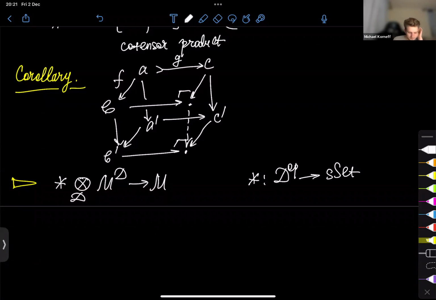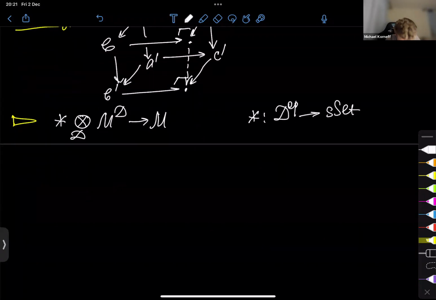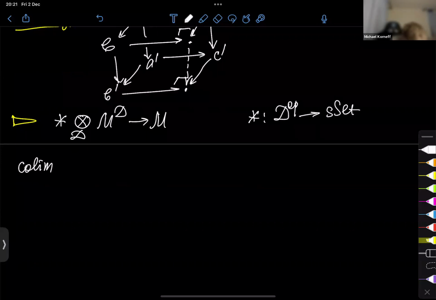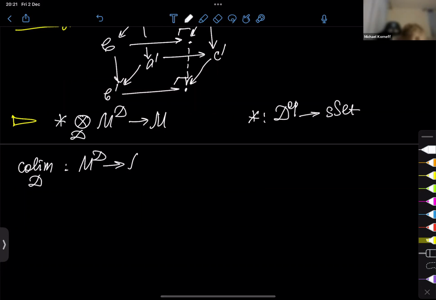Hence, by the Ken Brown lemma, we can obtain that the colimit functor over D is homotopical, and so the induced map is a weak equivalence.